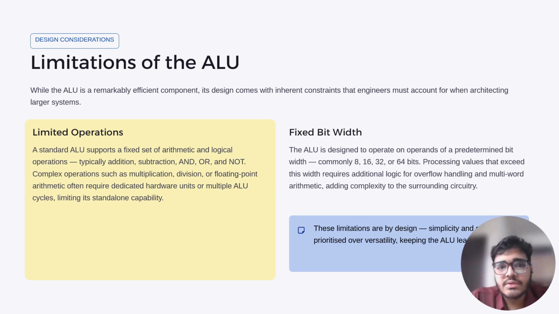It supports limited operations. It also works on a fixed bit width. More complex operations require additional hardware. That's the limitation of the ALU. And the fixed bit widths mean 8 bit, 16 bit, 32 bit, or 64 bits. Nowadays, we also use 128 bits or more.